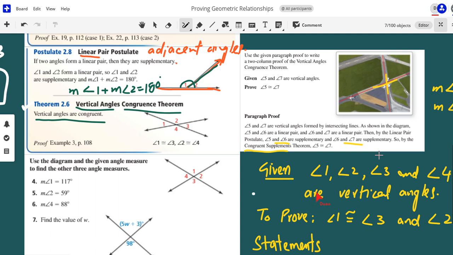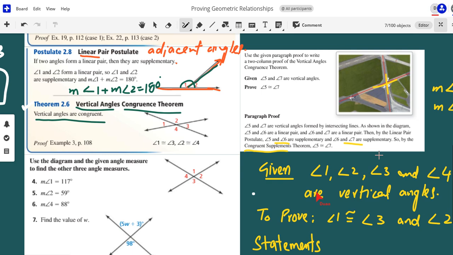Okay? So there are different ways in which we can prove a statement. The first one was the two-column method, the second one was the flowchart method, and the third one is the paragraph method. It's up to you, it's your choice. Whichever method you feel comfortable with, you can go with that.